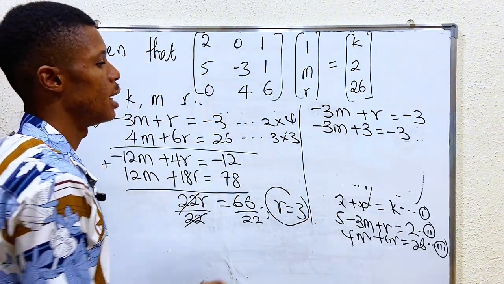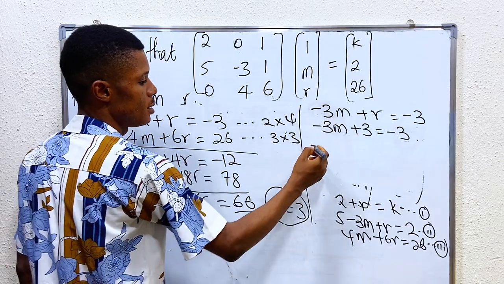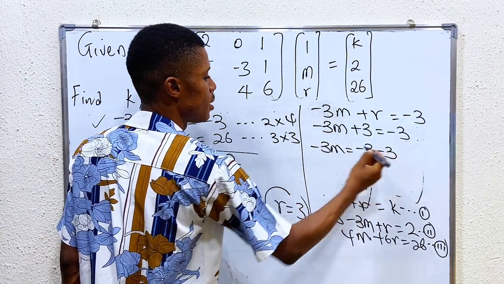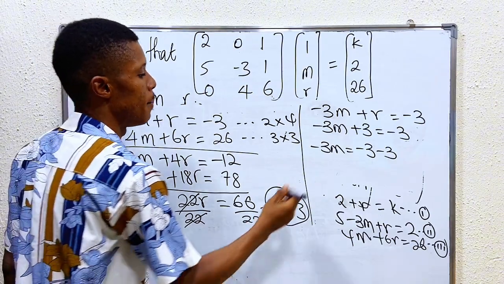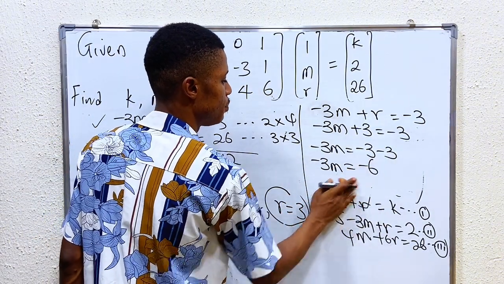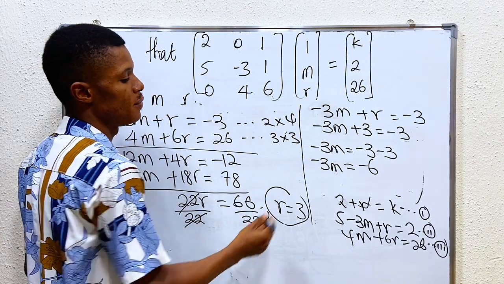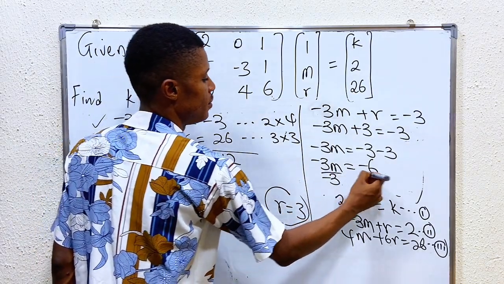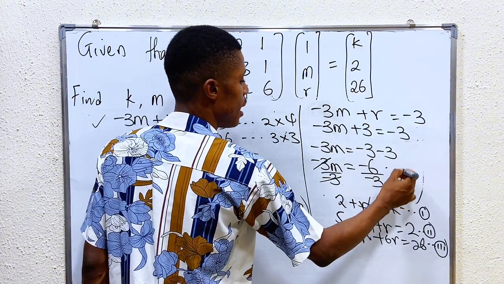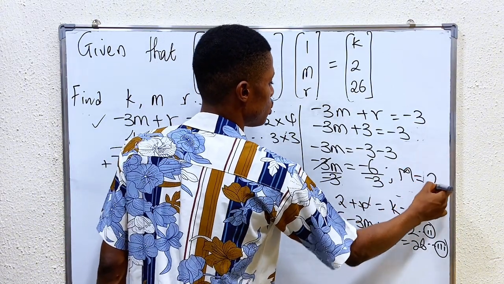Then we subtract 3 from both sides. Minus 3m is equal to minus 3 minus 3, so minus 3m is equal to minus 6. Then divide by minus 3, and you see that m is equal to 2.